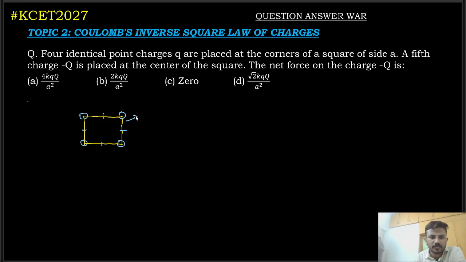So this is a square and we have four charges placed at all corners, Q, Q, Q and Q. There is a negative charge placed at the center. So what is the net force on the charge? It will be 0. Due to symmetry, the forces due to all these charges get cancelled.